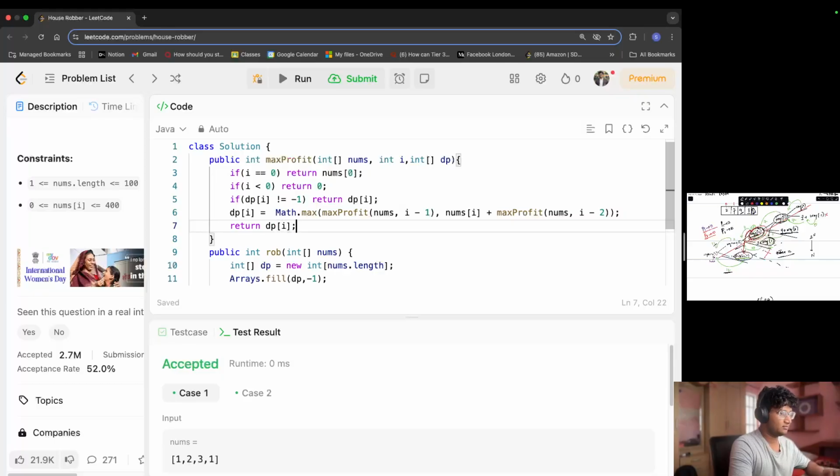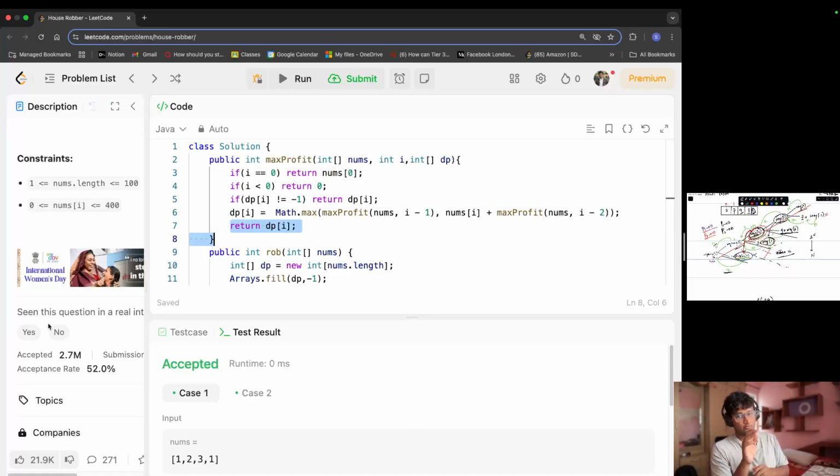Perfect. It's the same thing. I'm just checking if the value is there. If the value is there, I'm going to return it. If the value is not there, I'm going to calculate the value, assign it to dp of i, and then return that dp of i. Now, if we run it, it should work perfectly fine because our time complexity has reduced from 2 power n to n.